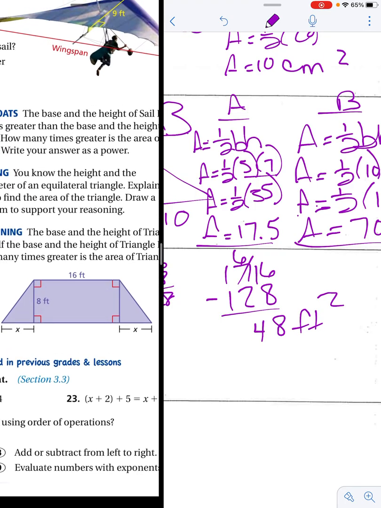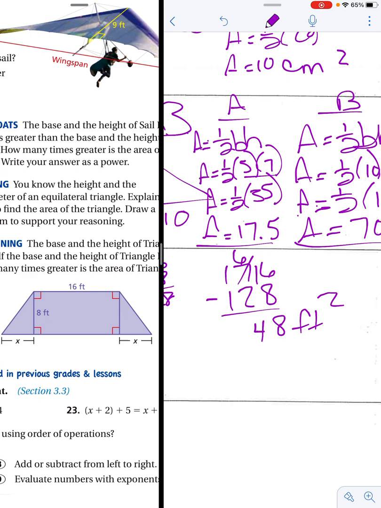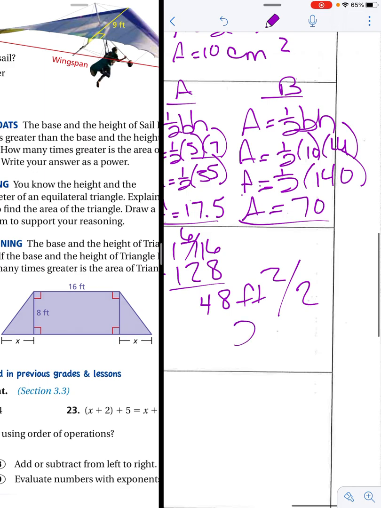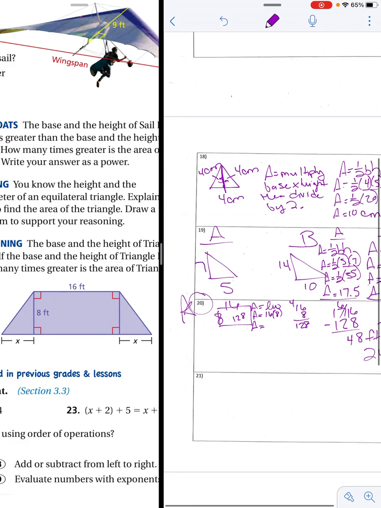There are 2 triangles, guys. So each triangle's area is going to be 24 feet squared because there's 2 of them. The combined triangles need to be 48 square feet, so 24 square feet per triangle.